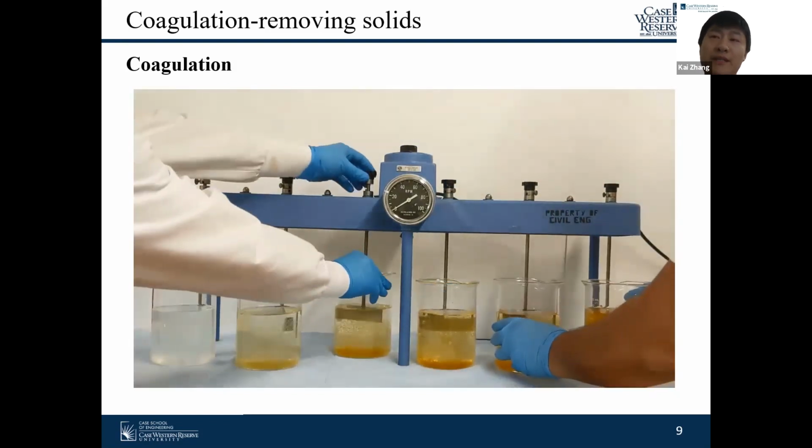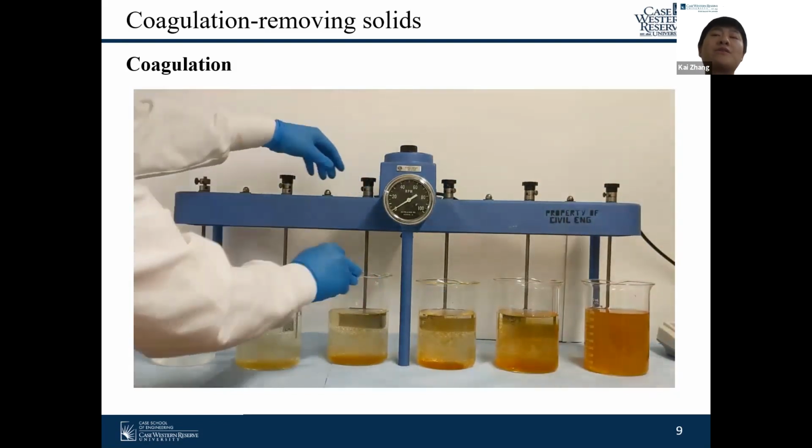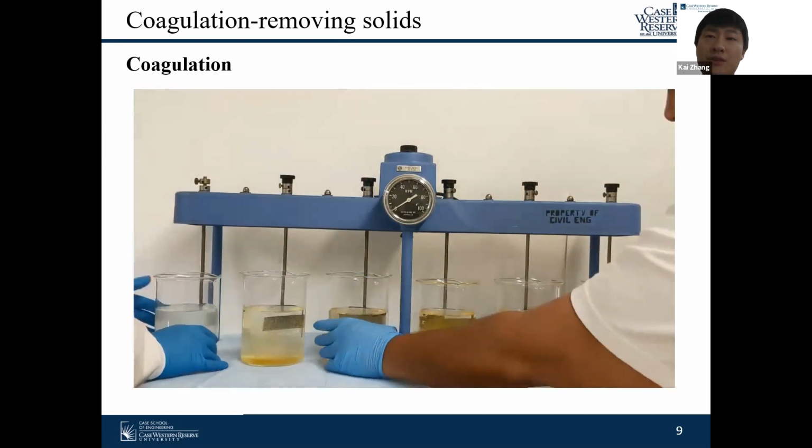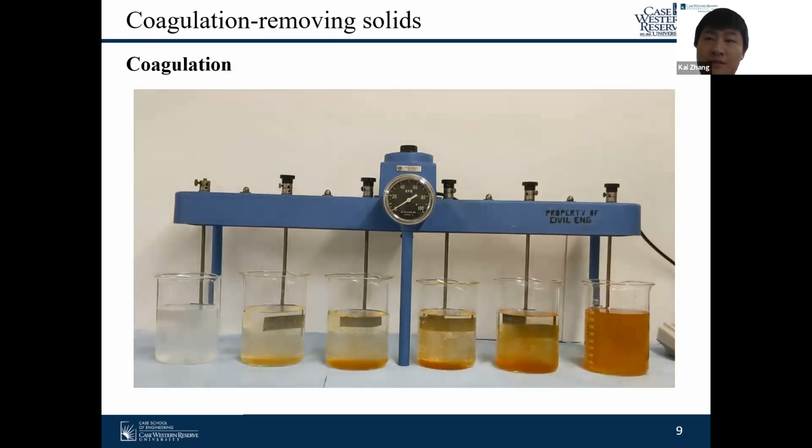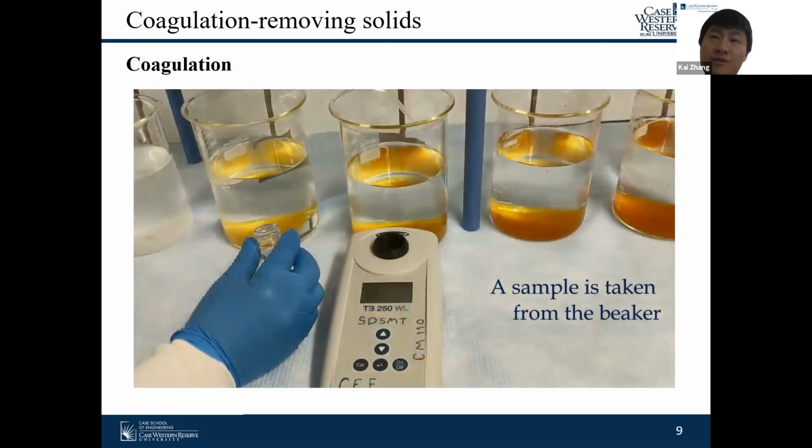We need to wait a few minutes to let the coagulation finish. Now it becomes much clearer, which means we successfully removed almost all of those solids.